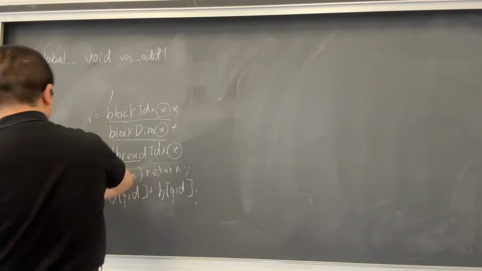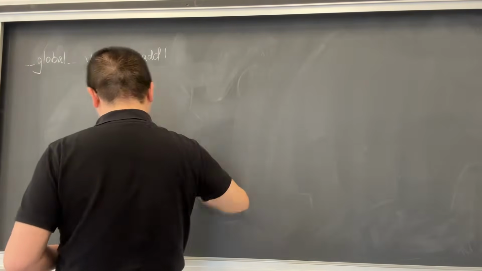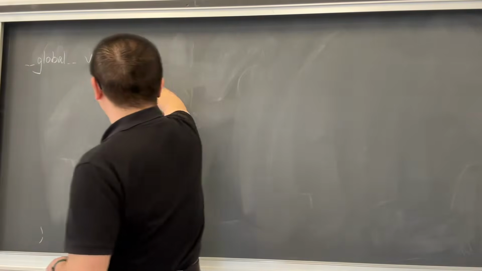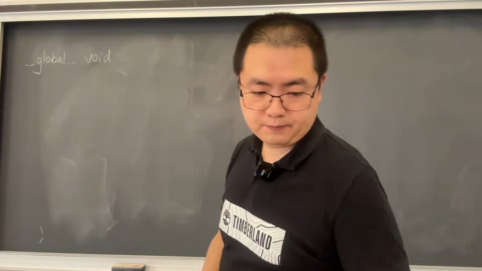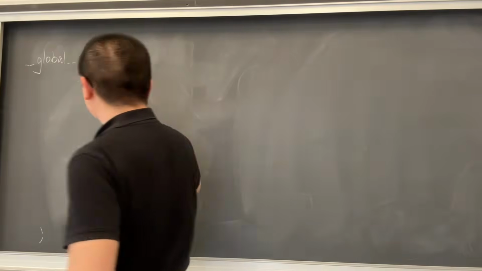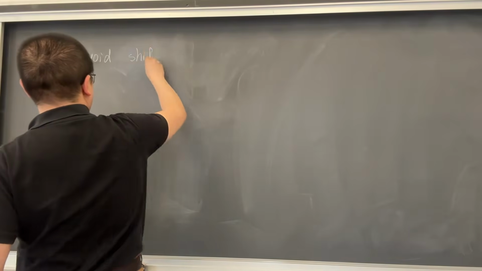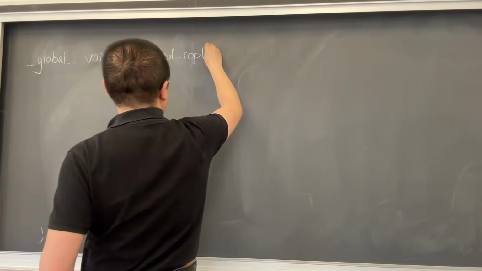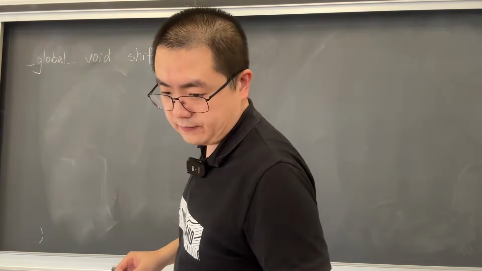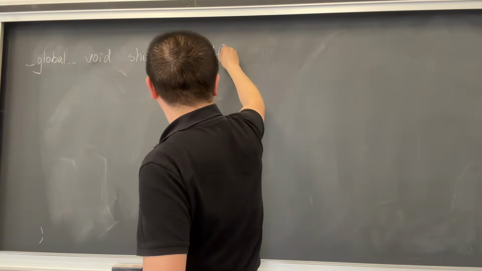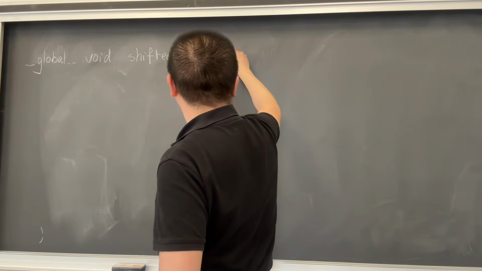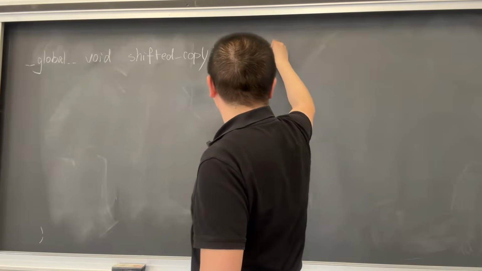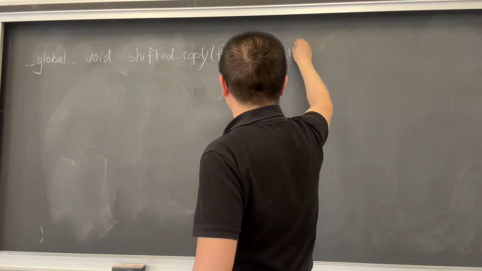I will erase this part. And I call it shifted copy, and it takes float in and out, two arguments.